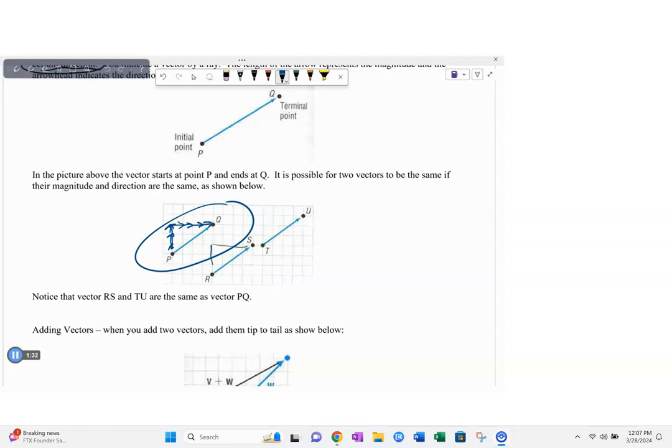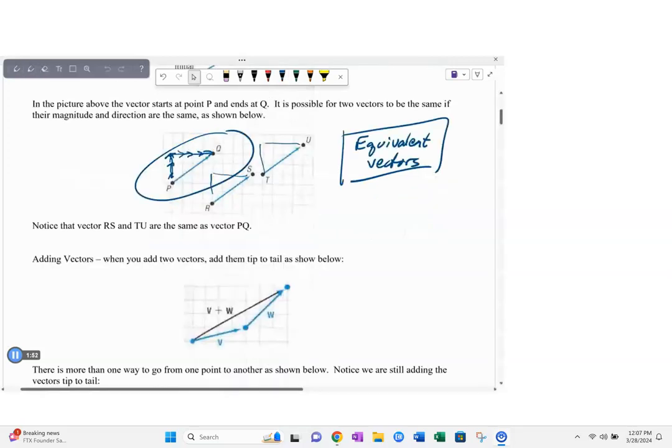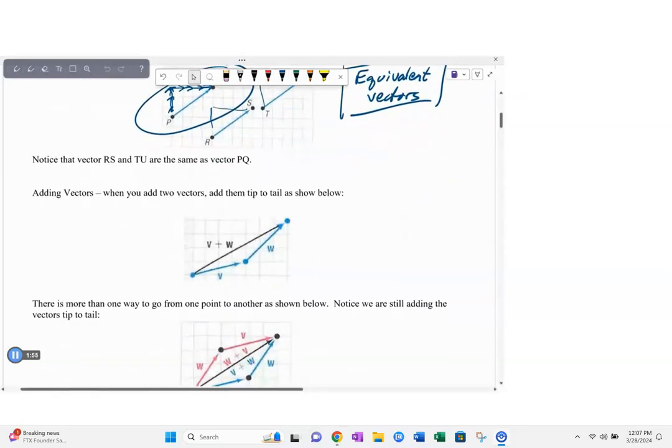So they have the same slope, the same direction, and the same length. The length of that arrow is the same. So these are all equivalent vectors, even though they're at different spots.